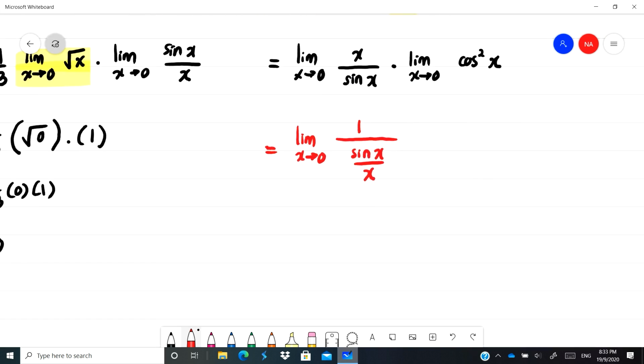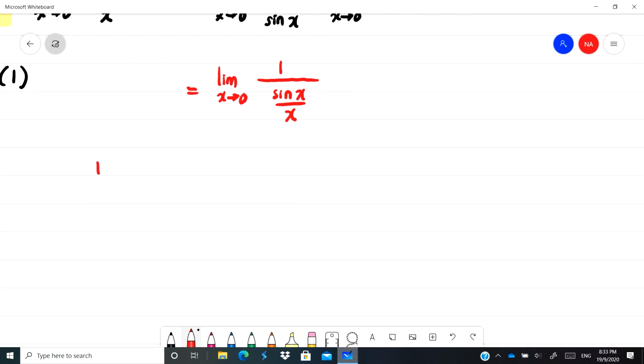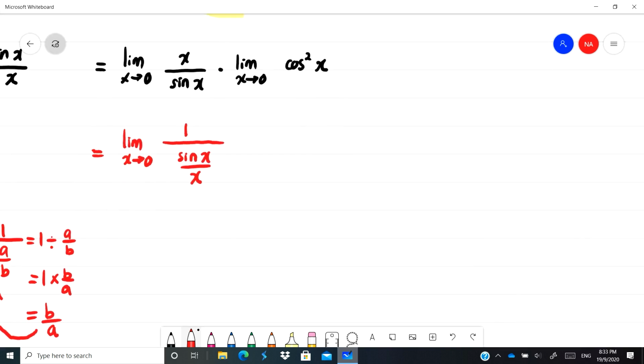Let's say if we have something like 1 over a over b, this is actually 1 divided by a over b. So this changes into 1 multiplied by b over a, so we have b over a. The same goes here: x over sine x will be changed into 1 over sine x over x.